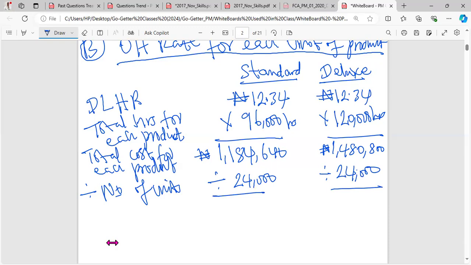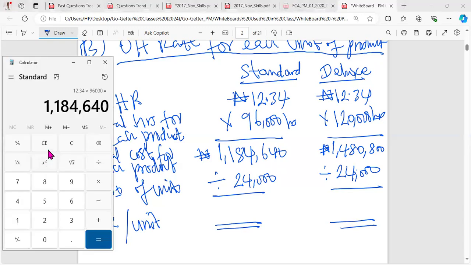So we are going to get our direct labor rates per unit, which is what we are getting now. Let's do the first one. We already have 1,184,640. We simply divide by 24,000 and we have 49.36.